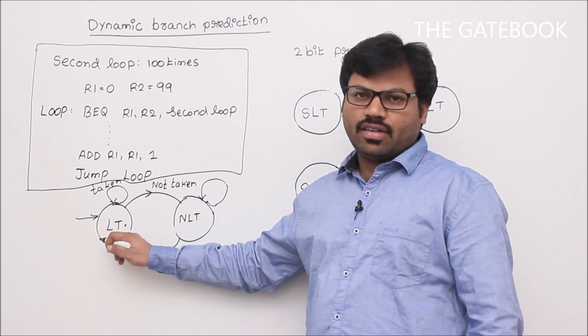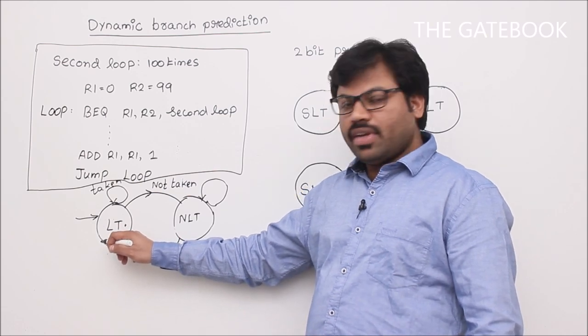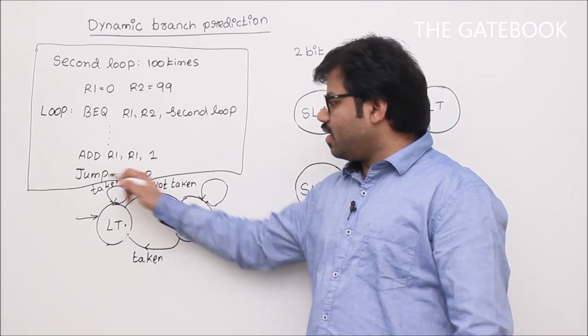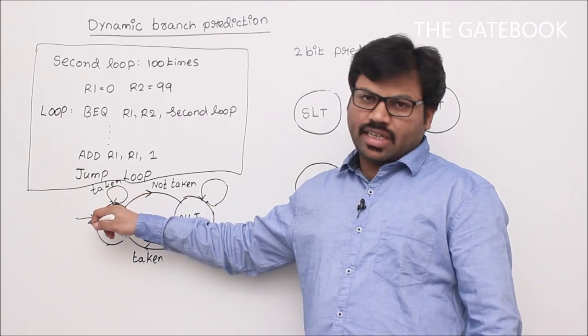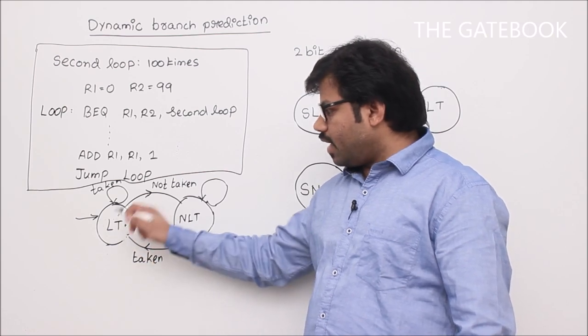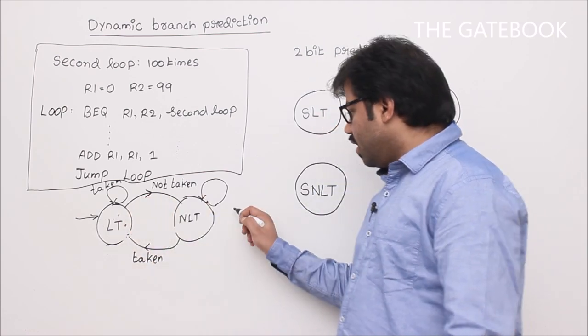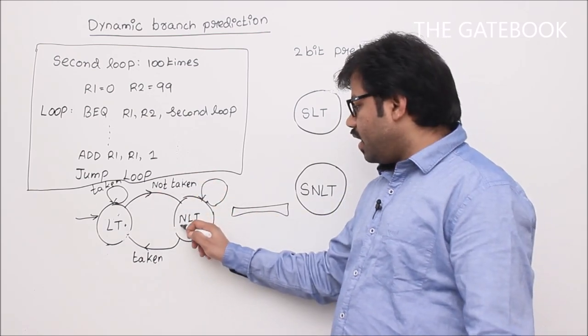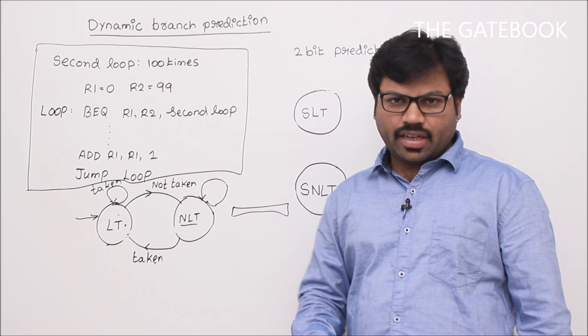Then if the outcome is really taken, it will stay in the same state. If the pipeline is thinking that the branch is likely to be taken but the outcome is not taken, then it will change its mindset to not likely to be taken.